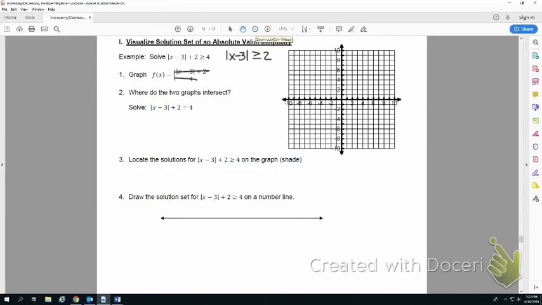So I'm going to take those and graph them. X minus 3, which direction is that going to move? To the right, 3. There's the right side, there's the left side, and then I've got the line y equals 2.